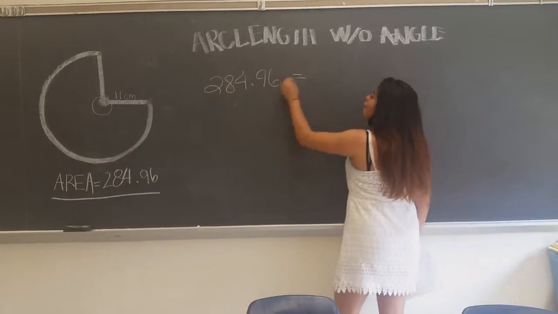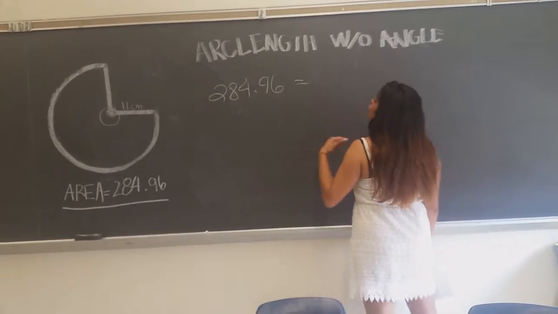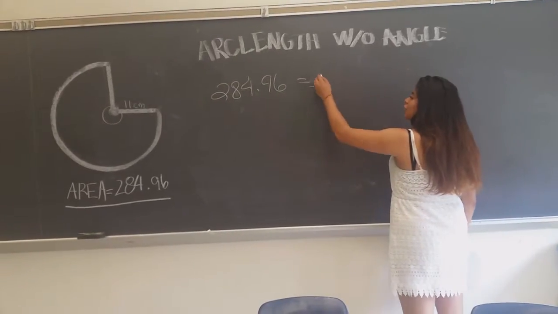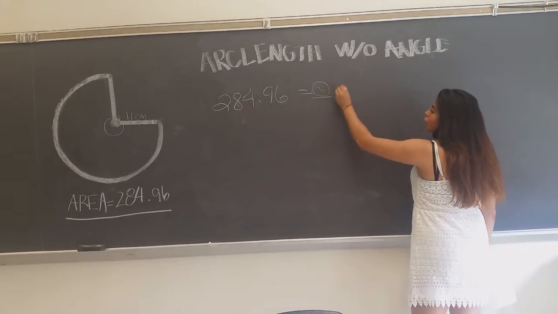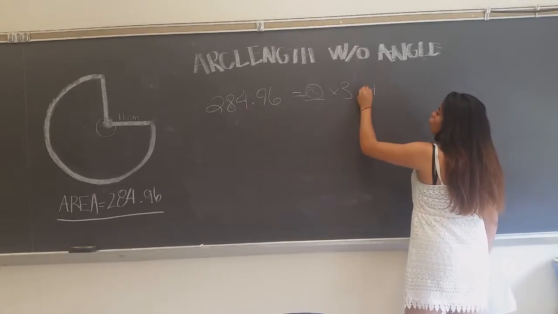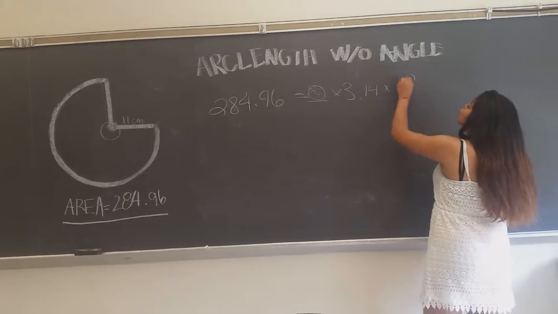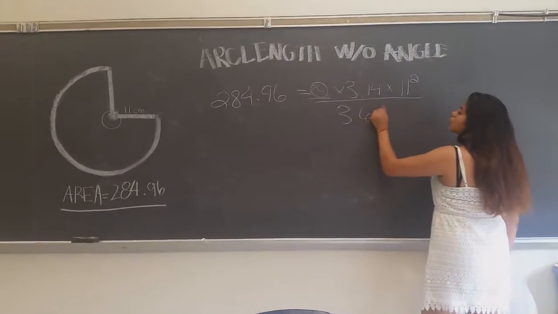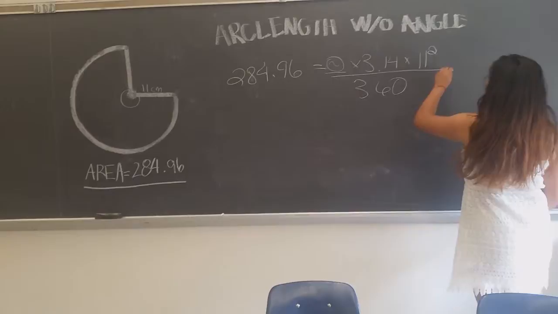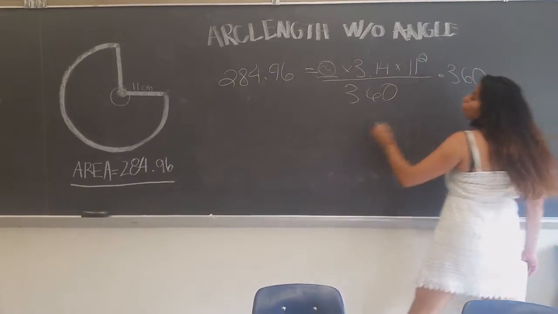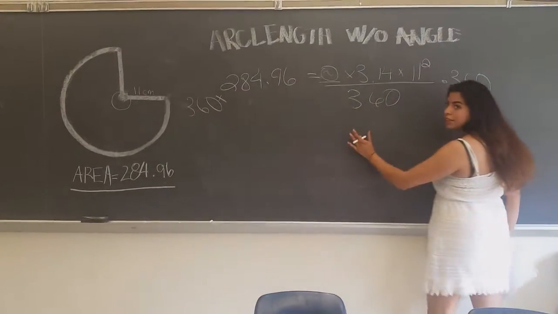So you do 284.96, and now that you have the area of the sector, you want to find what the central angle is. The central angle, you don't know yet. 3.14 times 11 squared over 360. Now, the first thing you want to do, don't panic, calm down. You want to multiply 360 on both sides, because you always want to balance it out.